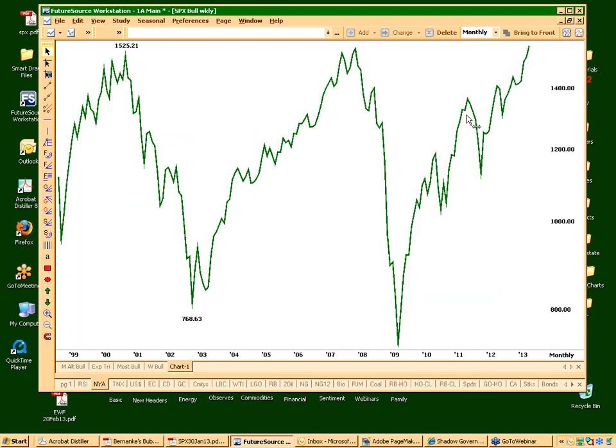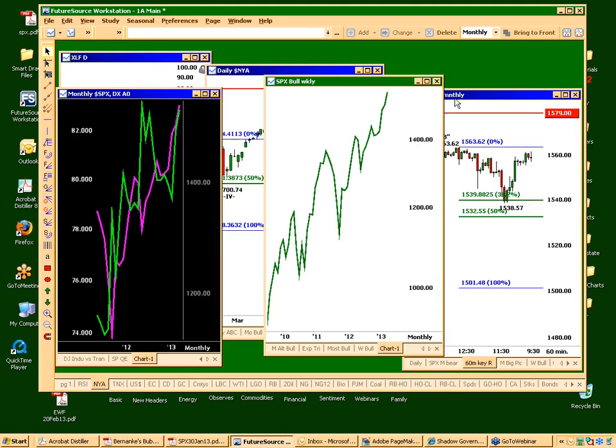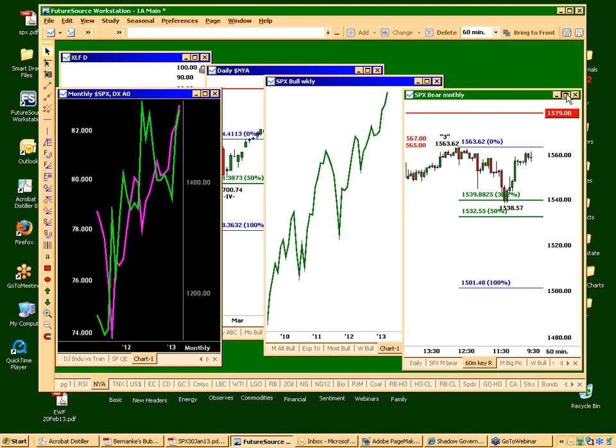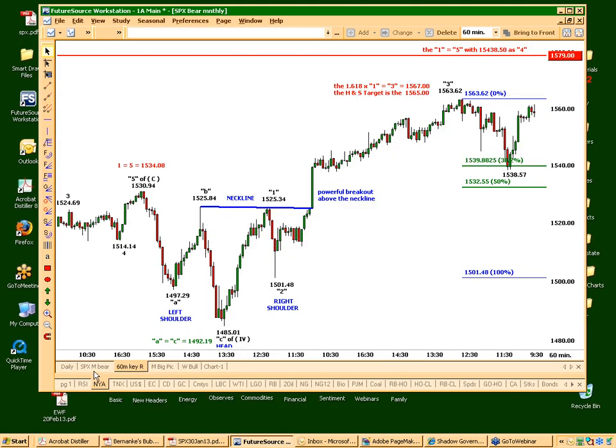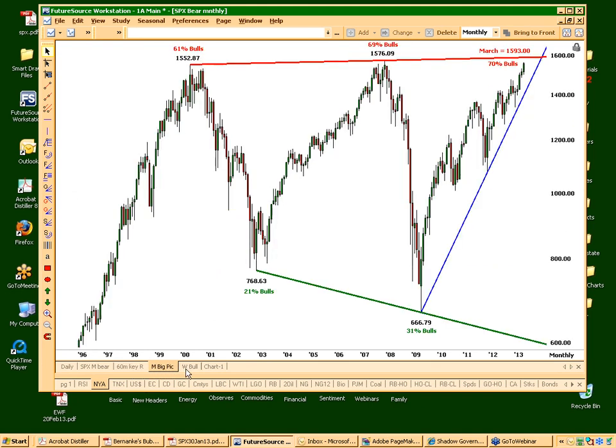And what we want to get into here today is the background story. Is there a background story? Can we readily find major problems that would suggest that this rally from 2009 is a bubble, just like the rally from 2002 was a bubble, just like the rally from 1996, 1997 was a bubble?